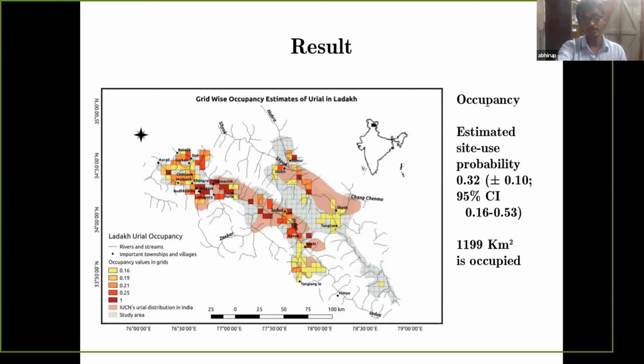One thing that you have to remember is that there is a considerable Urial site use possibility outside the IUCN map. So that is like an inclusion of Urial range in that area.